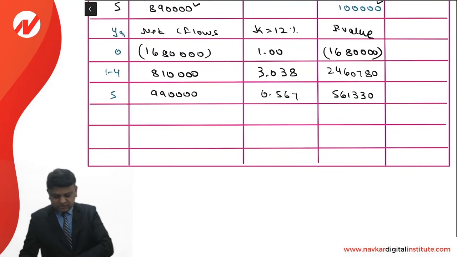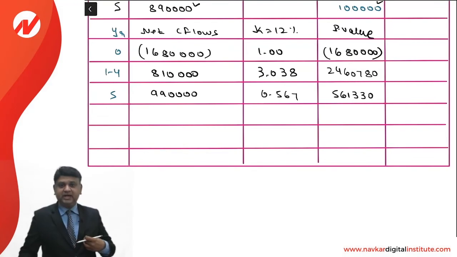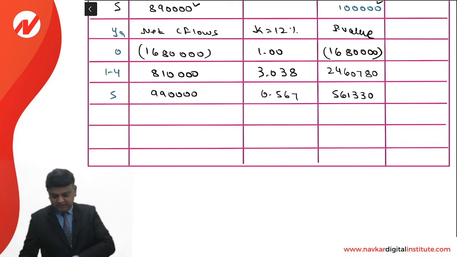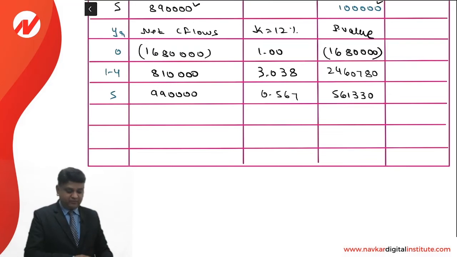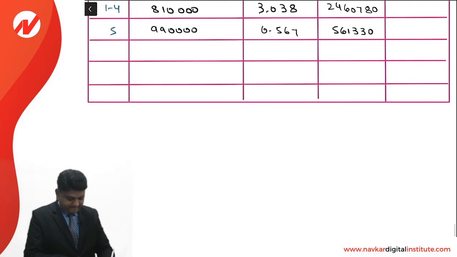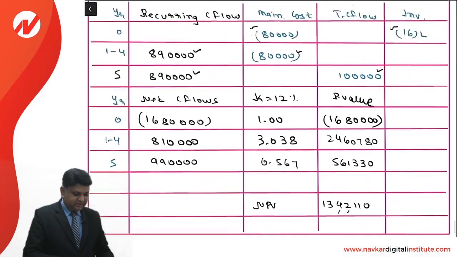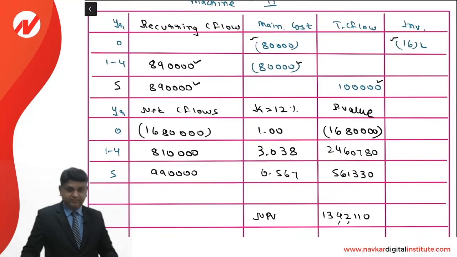Plus 24,60,780 is 30 lakh 22,110, minus 16 lakh 80,000. So 13 lakh 42,110. So NPV is 13,42,110. This is the way NPV is calculated.